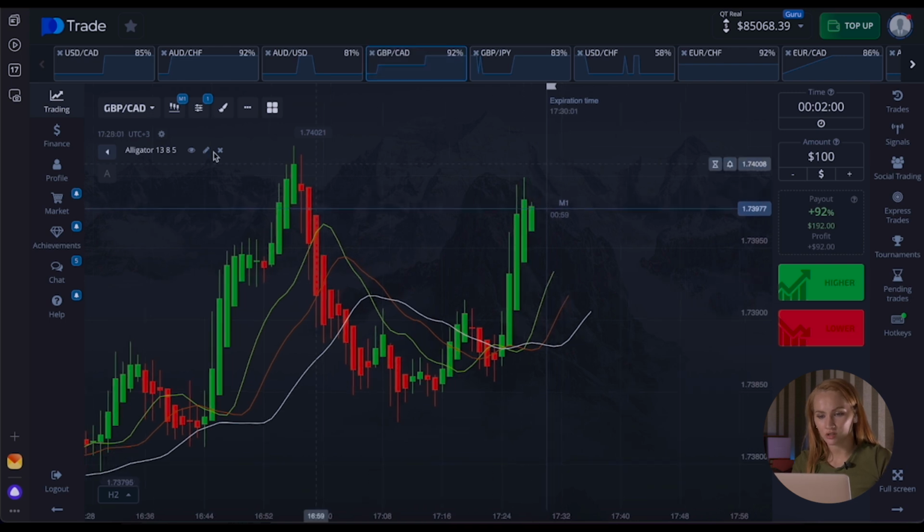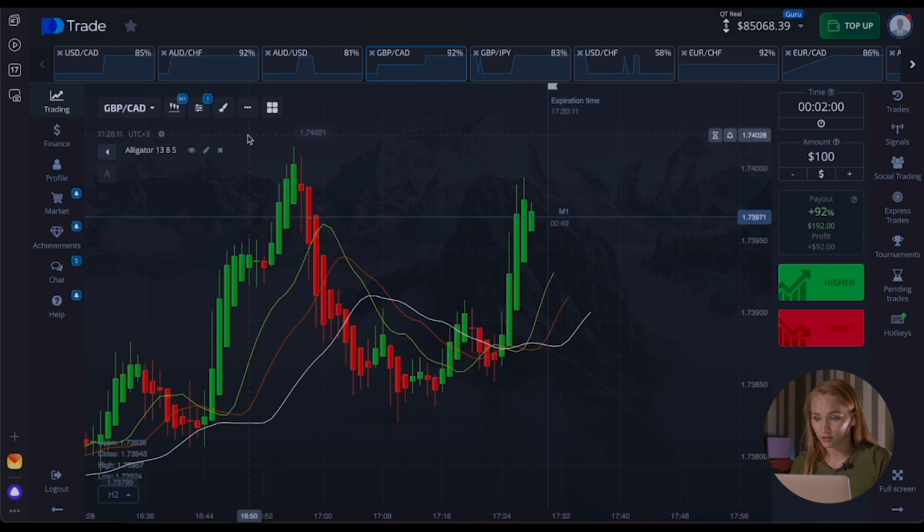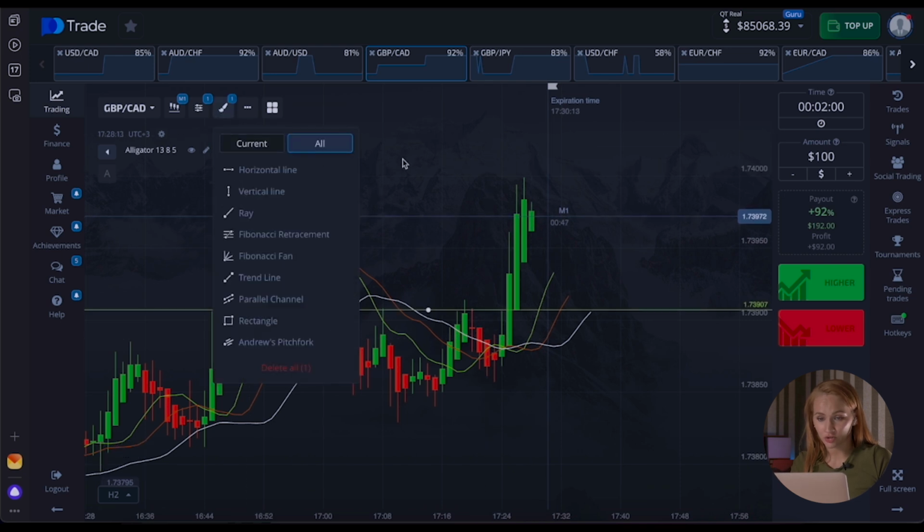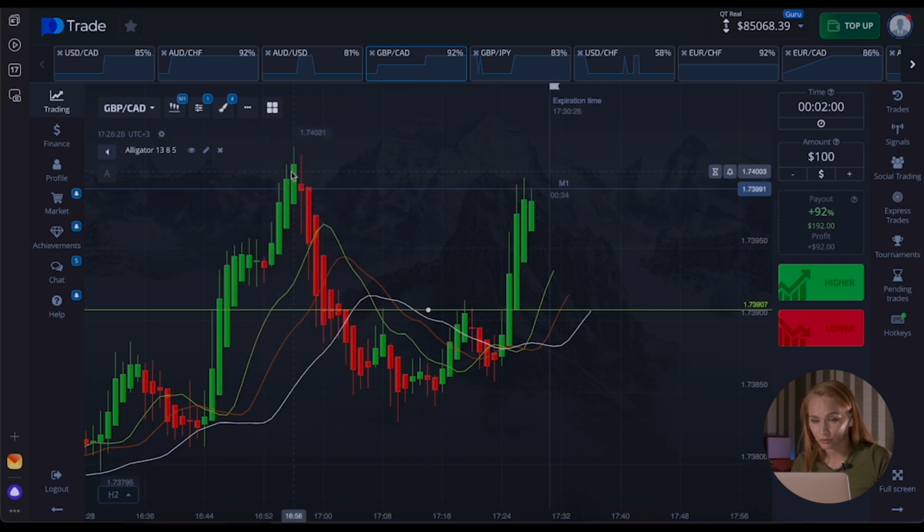Pay attention to this currency pair. GBP-CAD. You can see the signal is pretty good. Lines are crossing. It's an uptrend. But the previous extremum, the previous situation, like about 30 minutes ago, the graph went up, the upper extremum, and afterwards it was reversed.